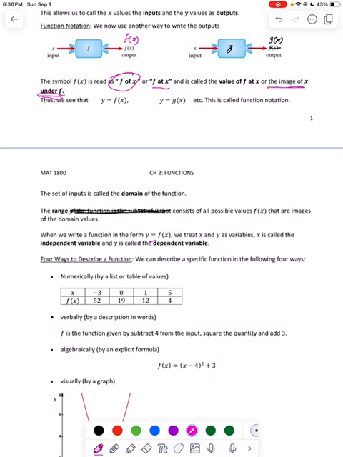Now there are 4 ways to describe a function. One way is to use a table or a list of values. So for example, I could use something like this: 1, 2, 3, 4, these are my inputs, so the outputs are 1, 4, 9, 16, and so on.